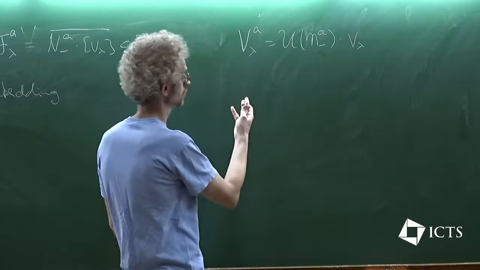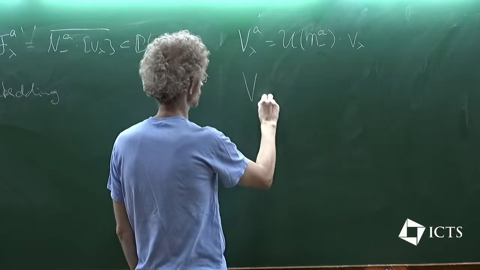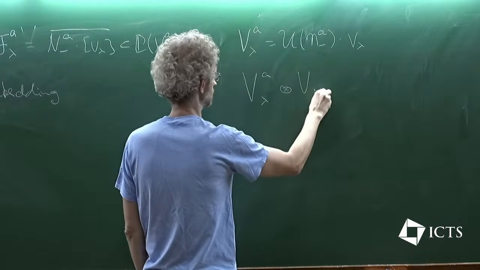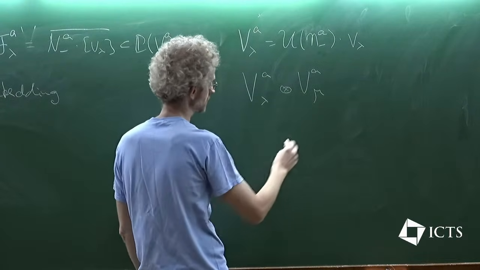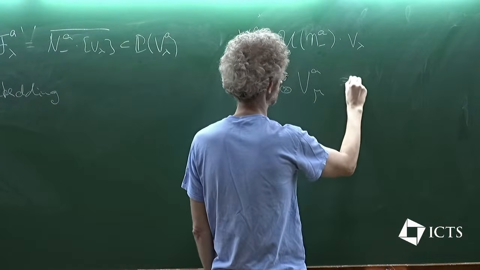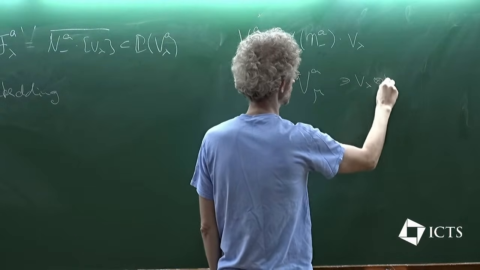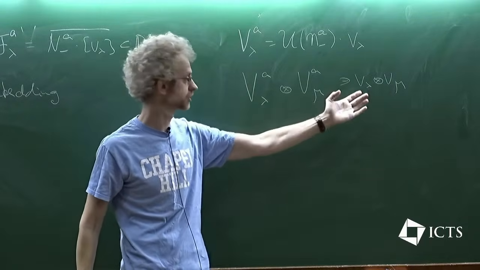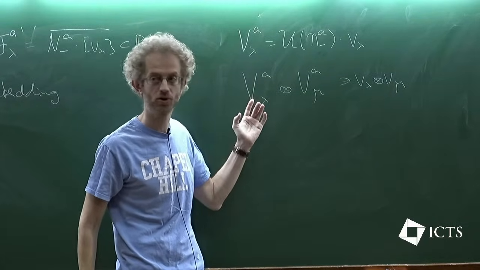So we can do a similar thing. Let us take V_λ^a. Let us take V_μ^a. And inside we have a vector V_λ tensor V_μ. So let me repeat that I'm using the same symbols V_λ and V_μ to denote the images, right?